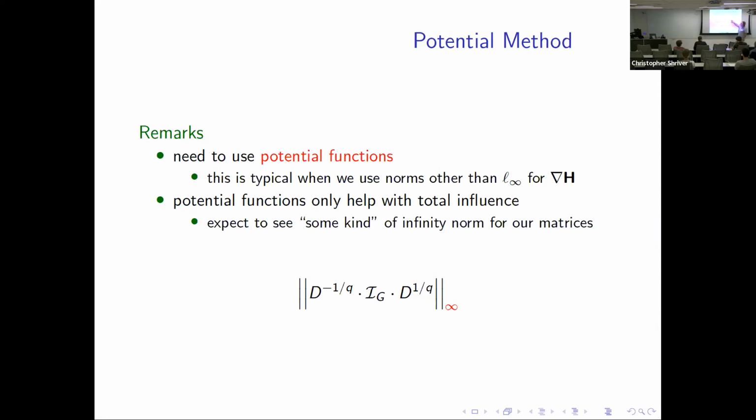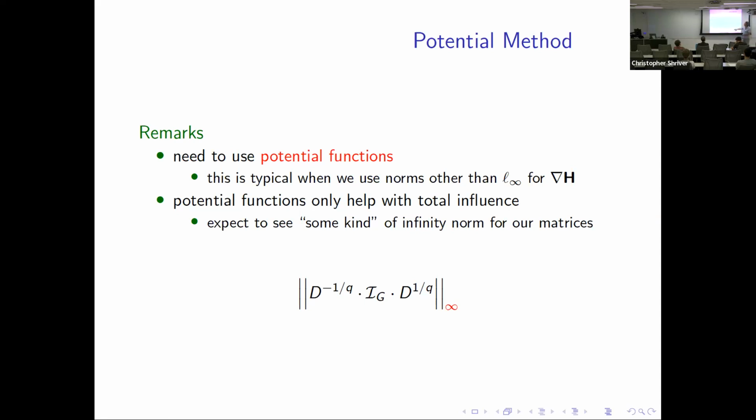And typically this is what happens when you move away from the infinity norm of the gradient of H. But also, what happens with the potential function is that you're doing some amortization, and this means that it makes sense to start thinking about the influence of one vertex on everybody. So this is why you end up using some infinity norm here, right?